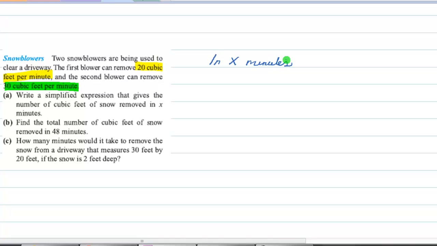So in X minutes, the first blower, well, in 1 minute, the first blower can remove 20 cubic feet. So to find out how many cubic feet the first blower can remove in X minutes, we would multiply 20 times X. And that would give us the cubic feet of snow that the first blower can remove.